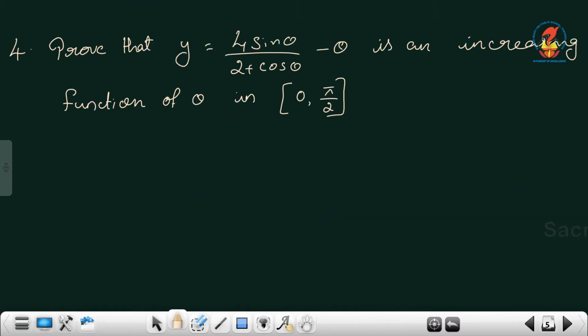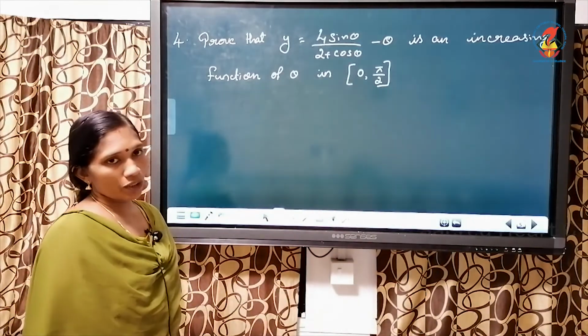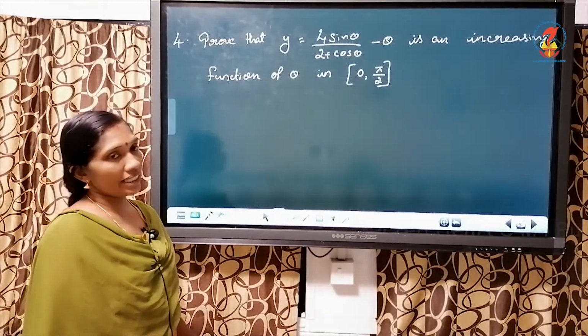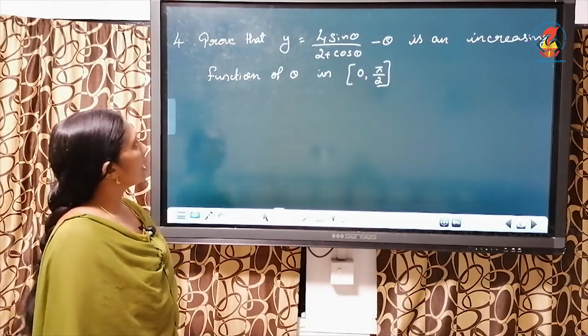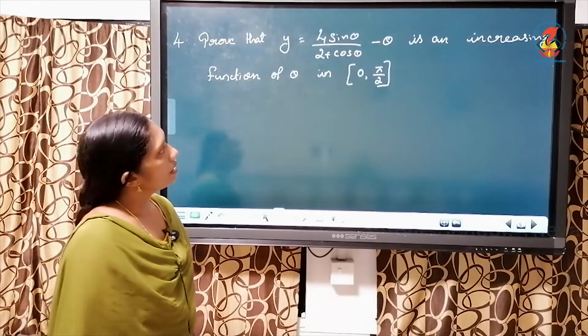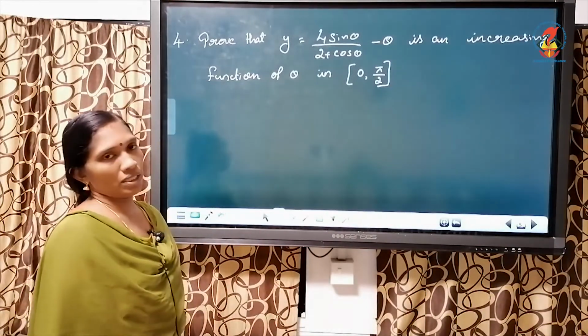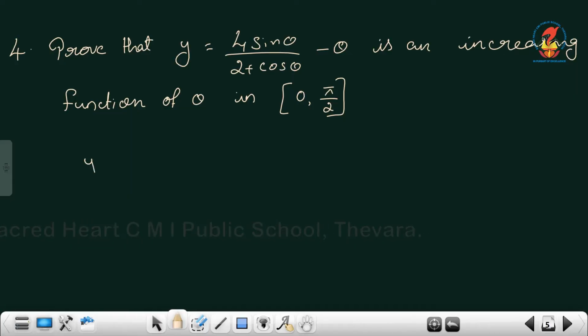The next question: prove that y is equal to 4 sin theta by 2 plus cos theta minus theta is an increasing function of theta in the closed interval 0 to pi by 2. We have to prove it. y is given, y is equal to 4 sin theta by 2 plus cos theta minus theta.